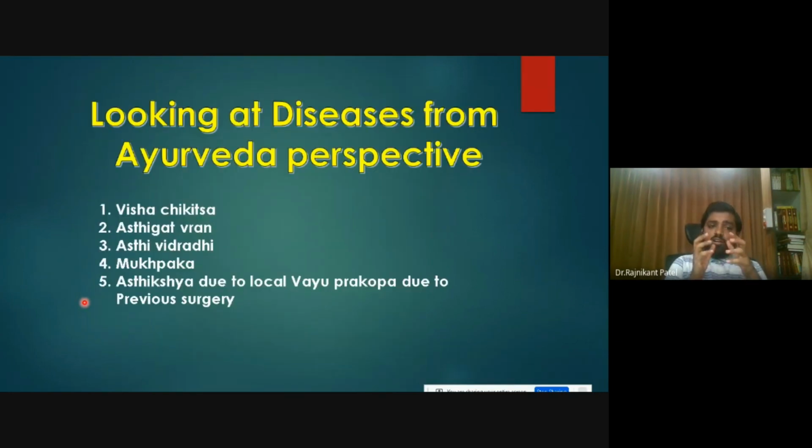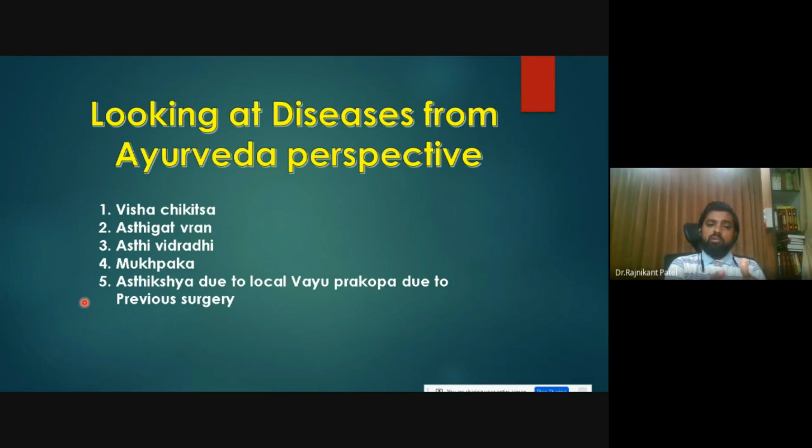Apart from this, we can take this disease and treat it as per Visha Chikitsa, or we can treat it as per Asthi Vrana, a wound in Asthi Dhatu. We can also take it as Asthi Vidradhi, which is the main topic for today. We can also take this as Mukhpaka.